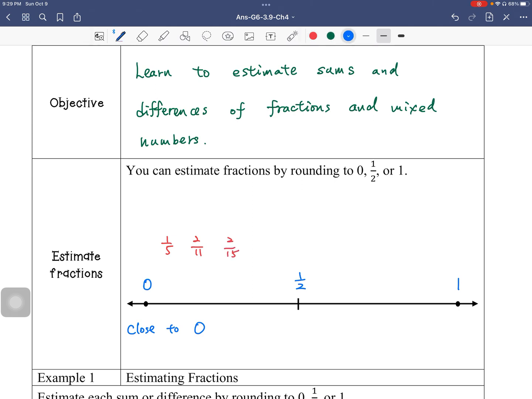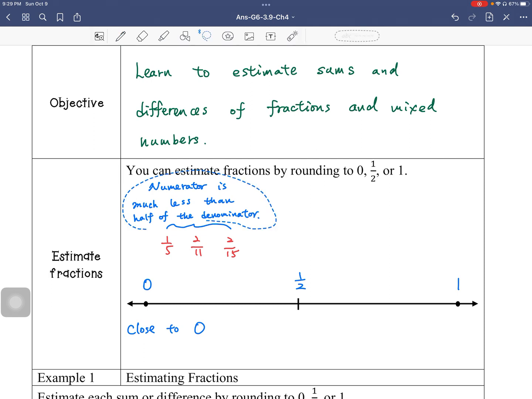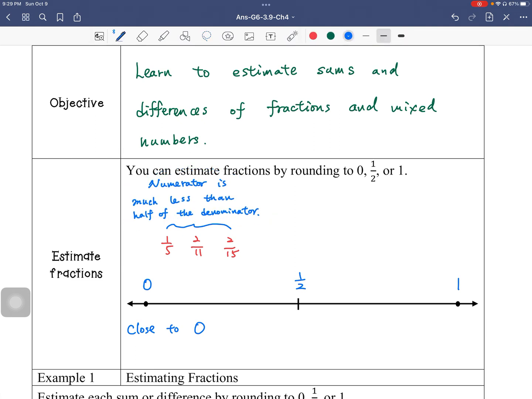The common trait of these is that the numerator is much less than half of the denominator.